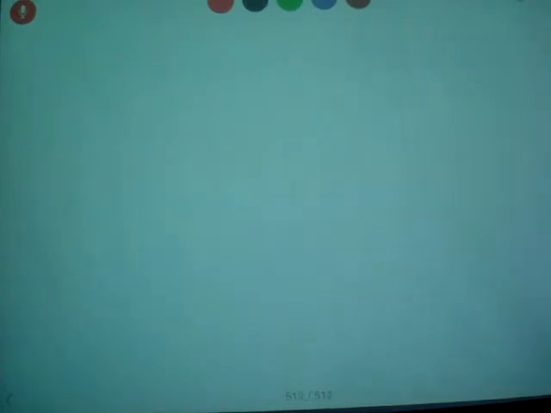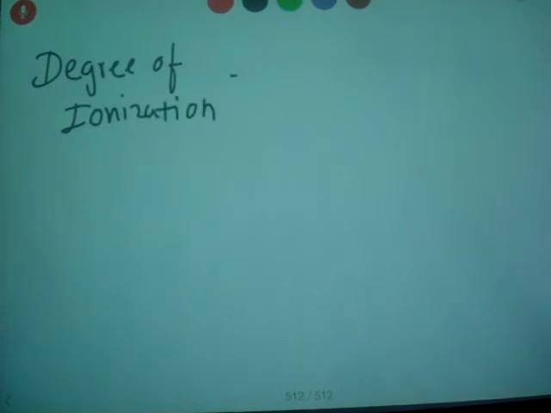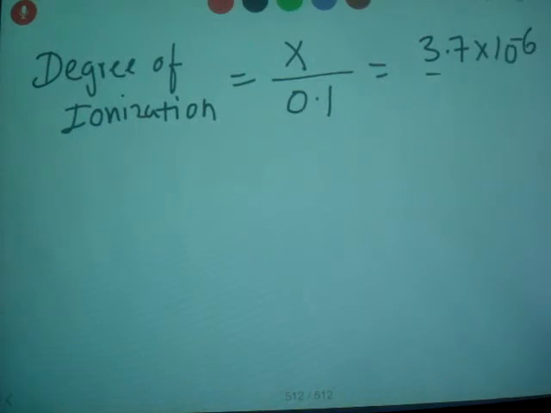So degree of ionization, which is x divided by 0.1, and the x value is given, 3.7 times 10 to minus 6, and 0.1. So you can calculate the degree of ionization: 3.7 times 10 raised to minus 5.